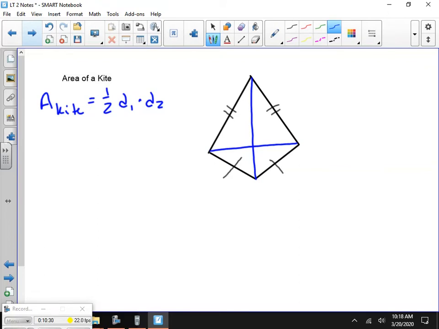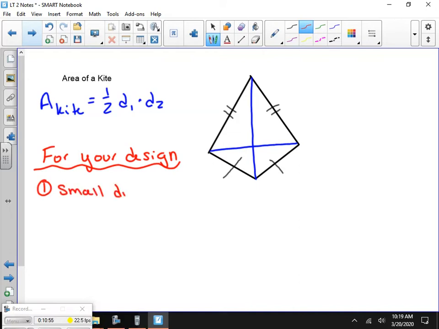For your design, you're going to do it very similarly. Because you're using the diagonals to find the areas, you're going to find a realistic length for the diagonals. You're going to draw your small diagonal first. You're going to find its midpoint, because remember, the large diagonal bisects the small one.